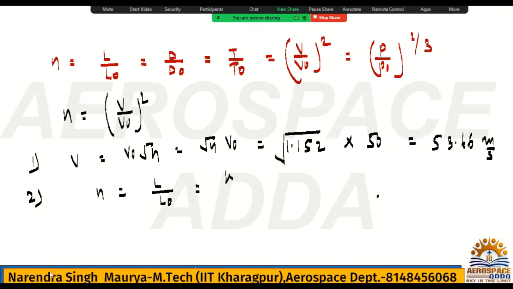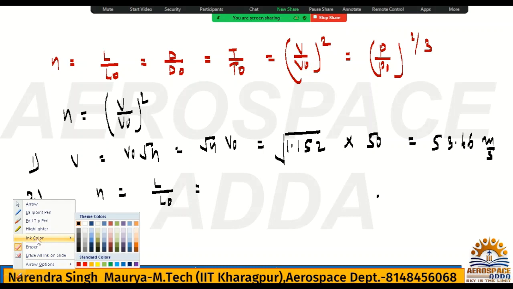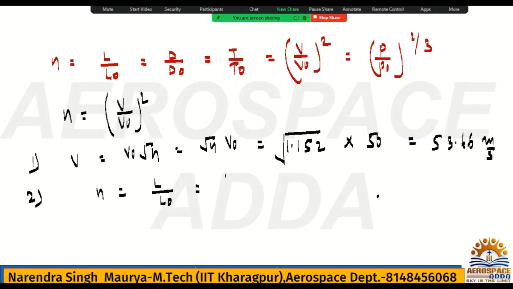For the steady level flight, it is nothing but weight, because L naught is a steady state level flight parameter. So for the steady state flight, lift is equal to weight. So n is L by W. Now L you can calculate: n into W, yes or no?